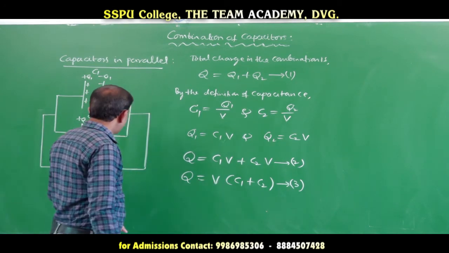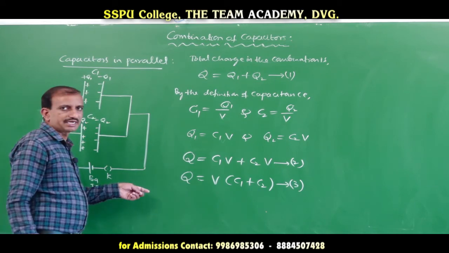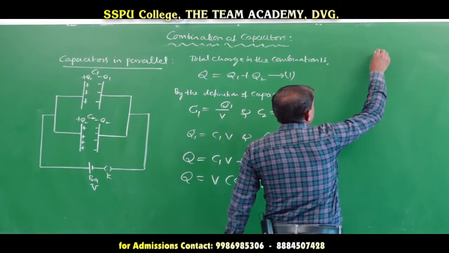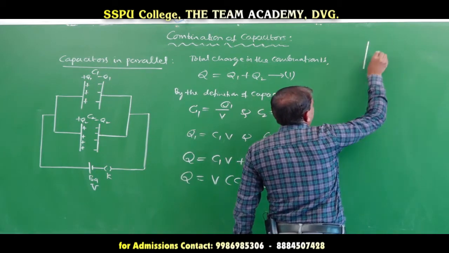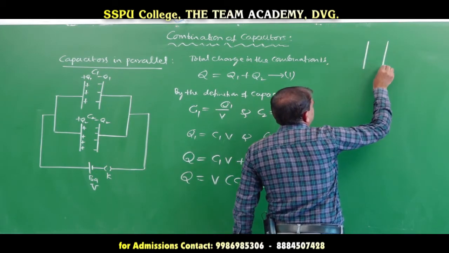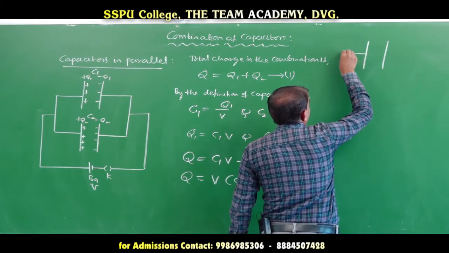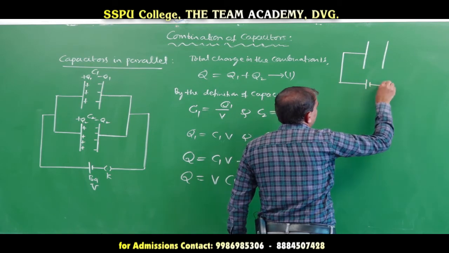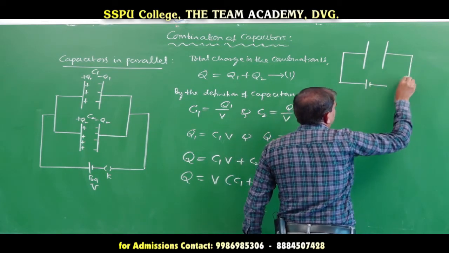Now what is the effective capacitance? Let us draw one more diagram. Suppose this is the effective capacitance of two capacitors connected in parallel. This capacitor is connected to a battery through a plug key.